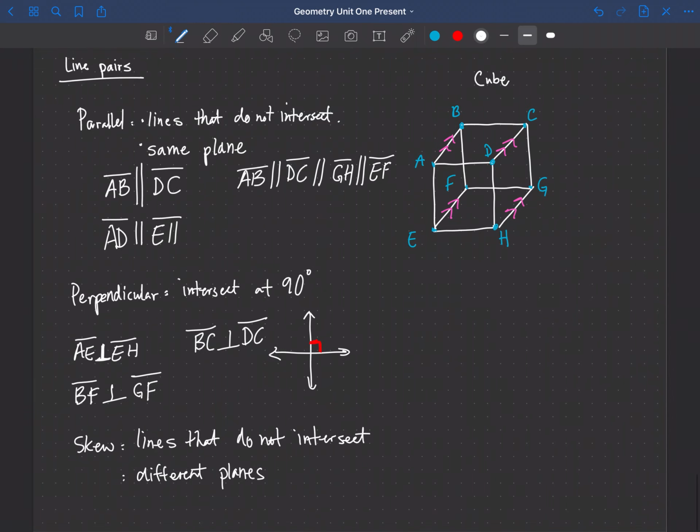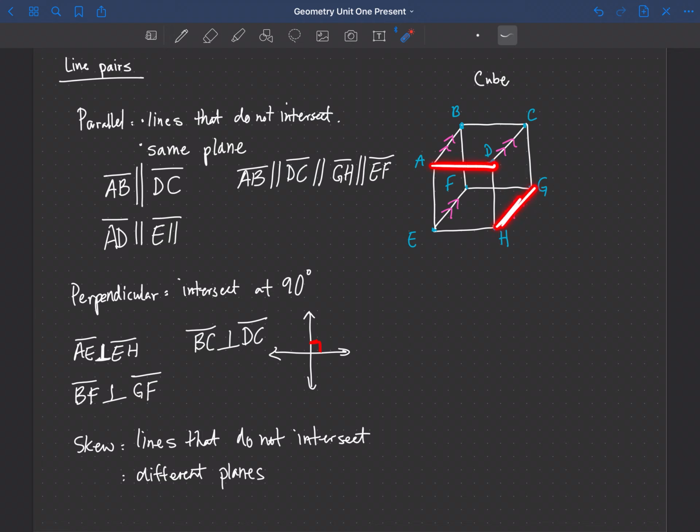Okay. So let's give two examples of skew. So the first example of skew would be AD, this front horizontal line, with HG.